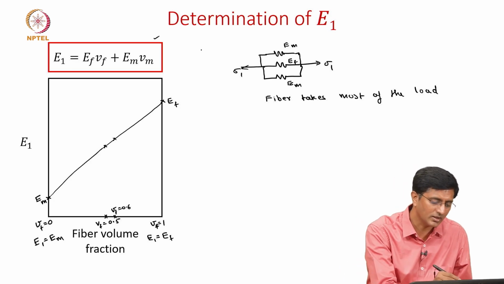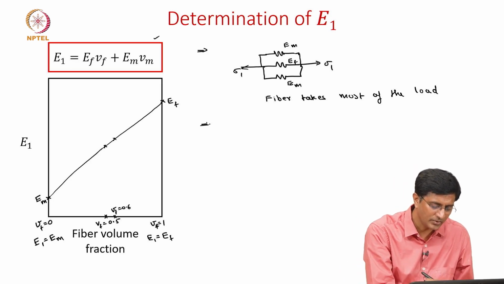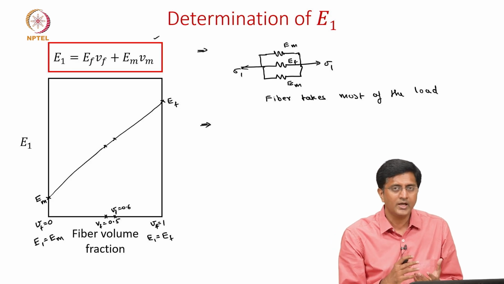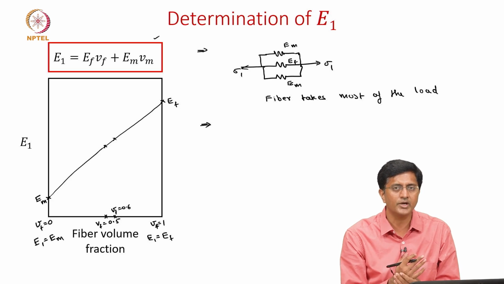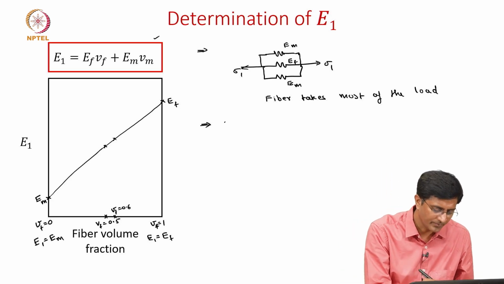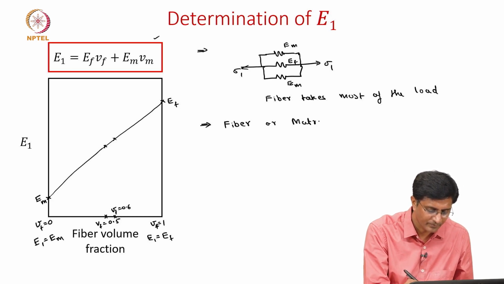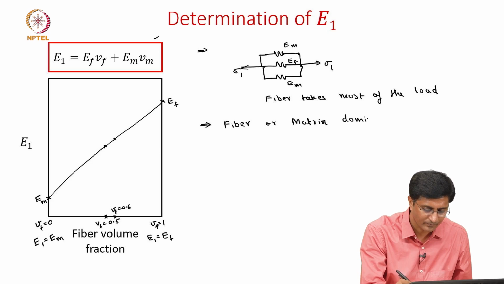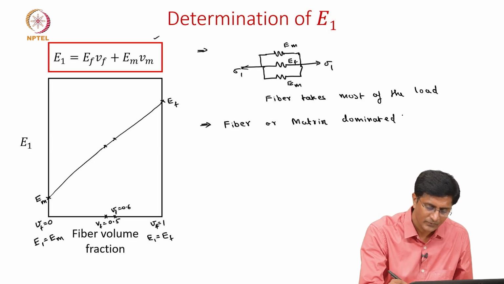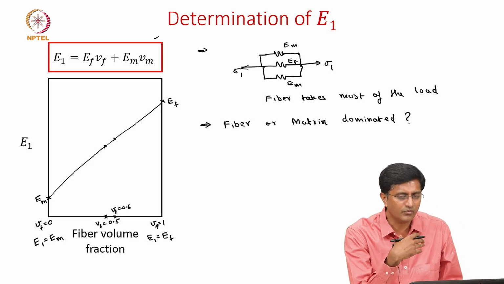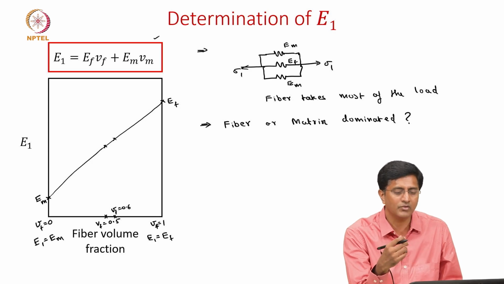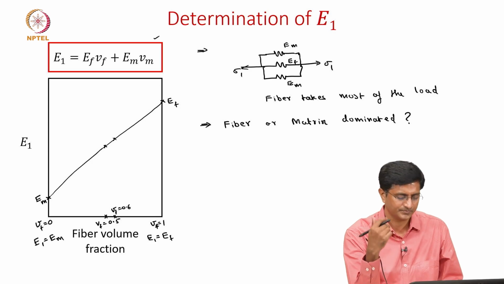But there is another important aspect we need to discuss, which is in reality whether the E1 of a composite is fiber dominated or matrix dominated. So what do we mean by fiber or matrix dominated? We want to see whether the fiber will have a greater effect on E1, or whether changing the matrix material will have a greater effect on E1.